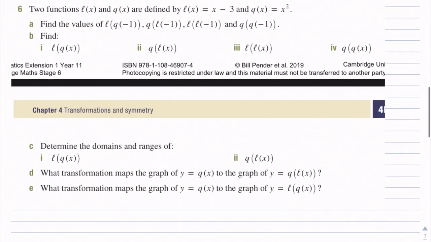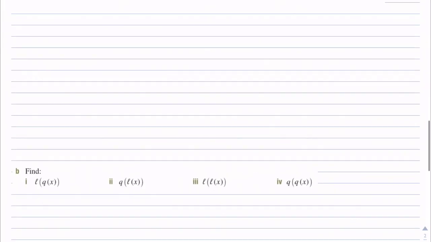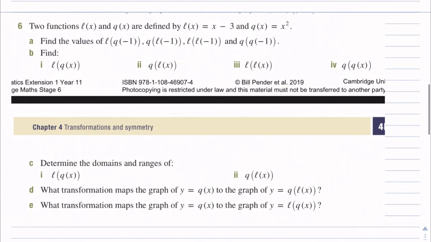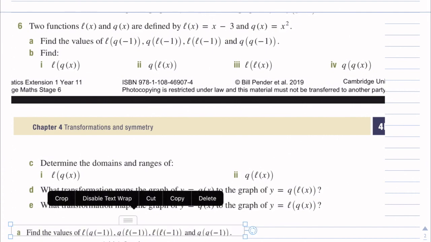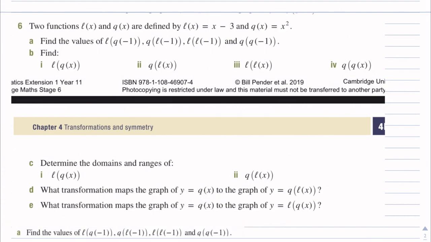Question 6 knocks it up a tad. So let's start off by trying to find these. And we know L of x equals x take 3, Q of x equals x squared.